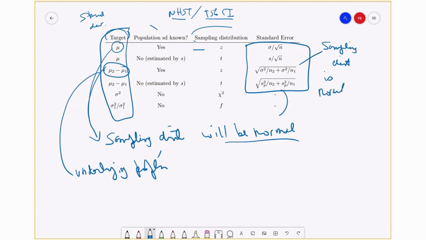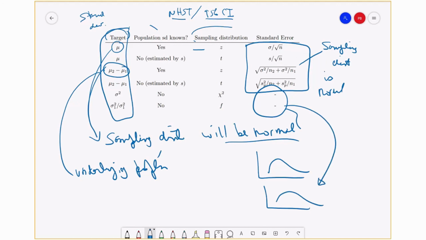We think about the F distribution or the chi-square distribution. Clearly, if we go back and remember the shapes, they were skewed. So in these cases, the sampling distributions were skewed. They're not normal. It wouldn't make any sense to talk about a standard error. Okay, we'll stop there.